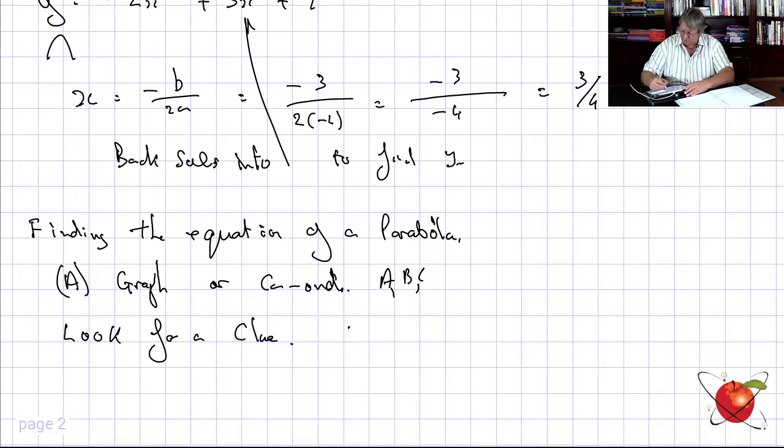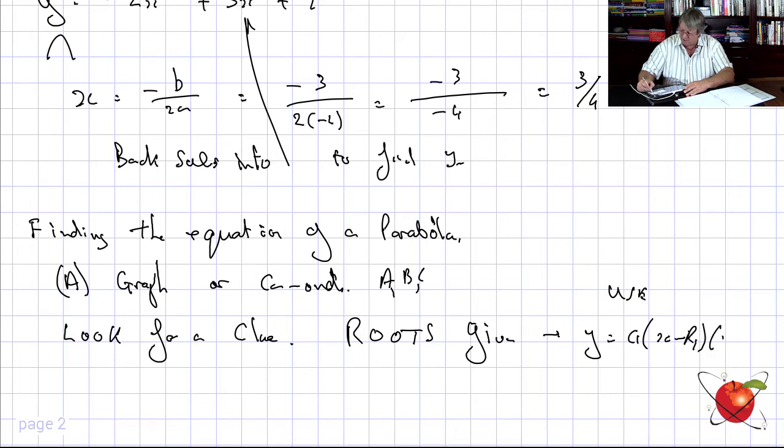The clues are: roots given. Then you would use the root equation, y is equal to a, x minus r1, x minus r2. Turning point, then we'd use y is equal to a, x minus p all squared plus q.